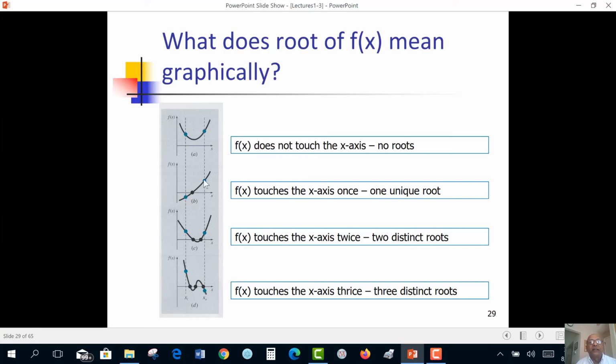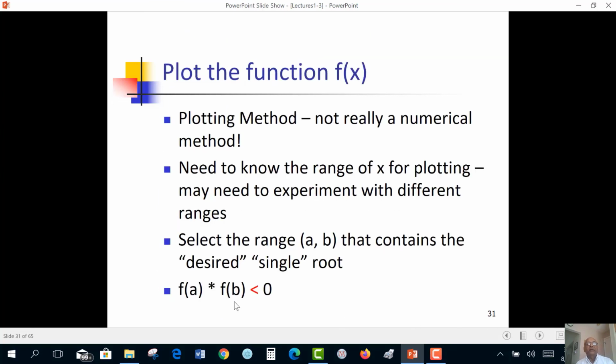This is A, this is B. Since our curve will cross the x-axis, it need not cross to touch it. But if it crosses the x-axis, the function at A and the function at B would have different signs. Here it is negative, here it is positive. It could be the other way around. But that means that f(a) times f(b) will be less than 0. These are going to be two opposite signs.